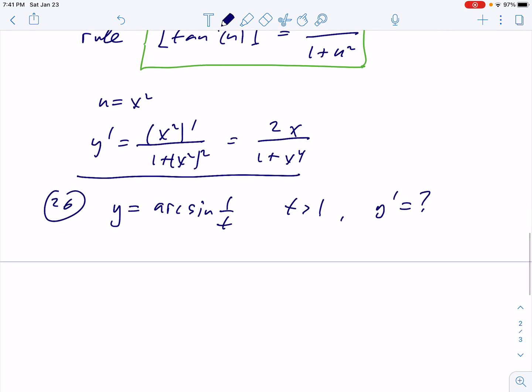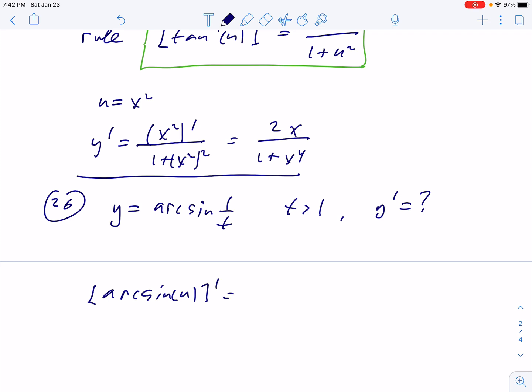Here we have to differentiate again using chain rule. Let's write the general formula. If we have arc sine u, where u is a function of x, to differentiate, we have to go du/dx.